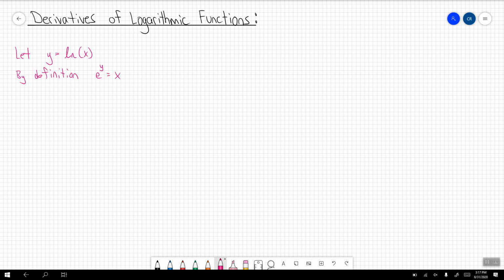Now, from this new equation, e to the y is equal to x, we can start applying the derivative. And again, we're in the process of finding the derivative with respect to x. So we consider the derivative with respect to x for e to the power of y. Now, what that means is, on the right-hand side, we need to also differentiate with respect to x.